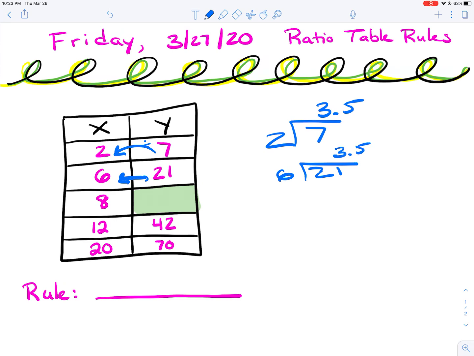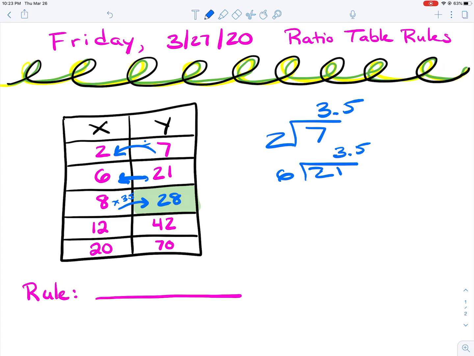So therefore, if we now have to go from 8 to this number, instead of dividing by 3.5, we're going to multiply by 3.5. And 8 times 3.5 is, let's see, 24 plus 4. I believe it's 28.